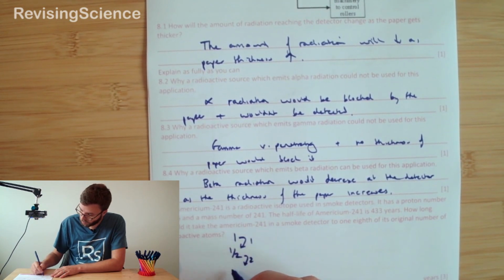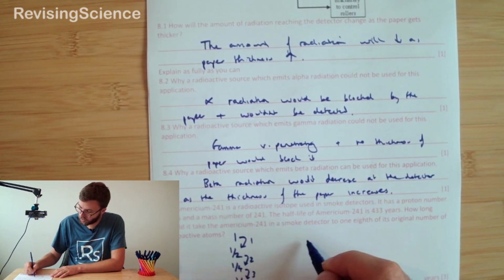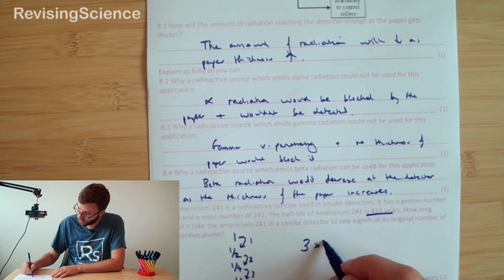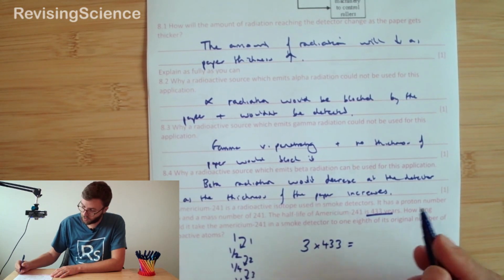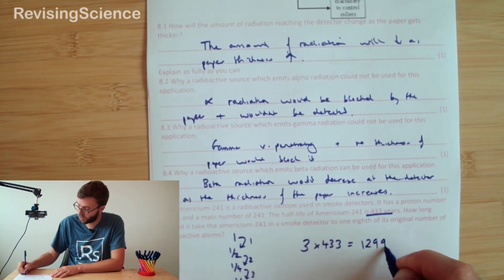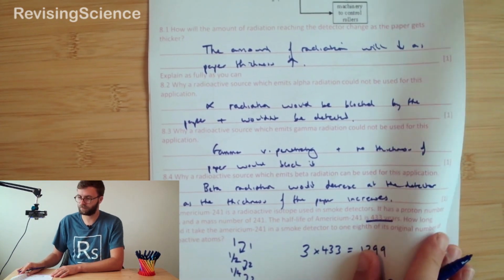After a second half-life, it would go to a quarter. And after a third half-life, it would go to 1/8. So it's going to take us 3 half-lives. Each half-life is 433 years long, so 3 times 433 gives us 1,299 years.